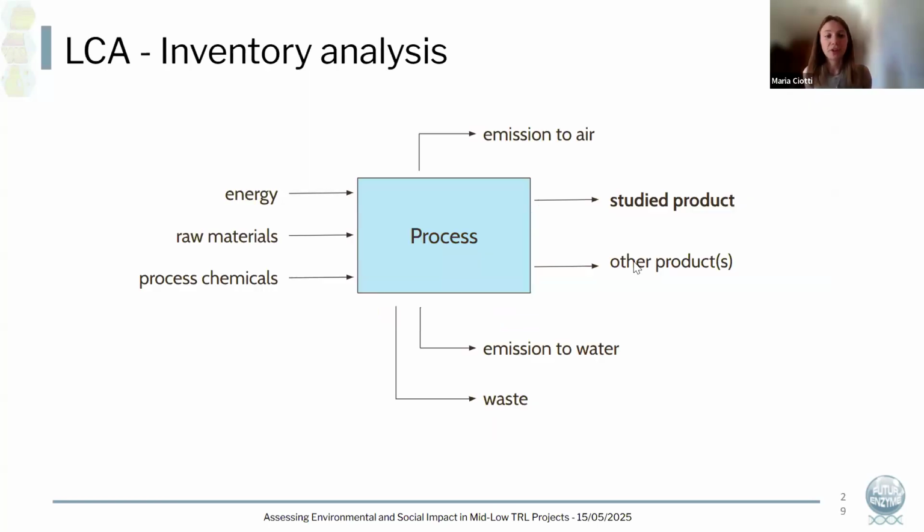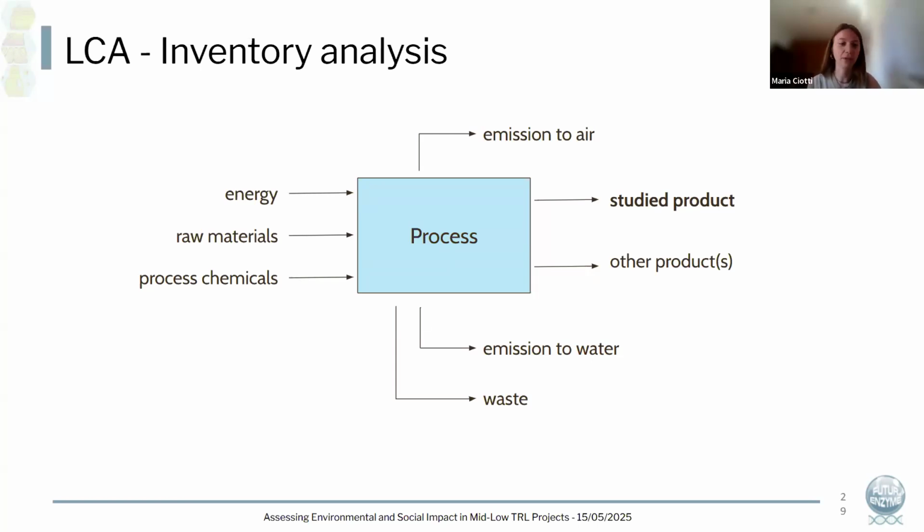If we go on with the next slide, in this slide I wanted to show you what we mean with inventory data. So you can see that from each step of our process, so let's say this blue box is only one single step, that can be mixing of ingredients, let's say. We need to have all the input, so everything that is needed to activate this process, to make it happen.